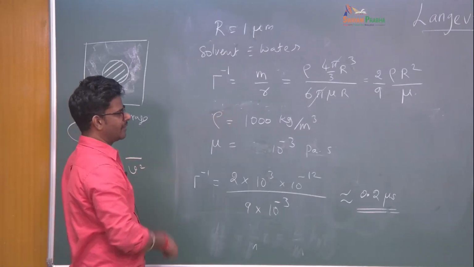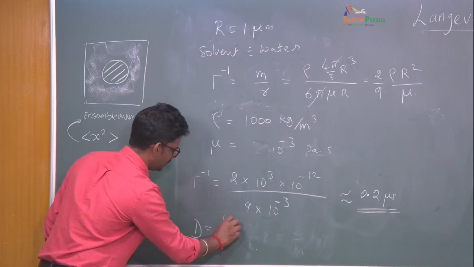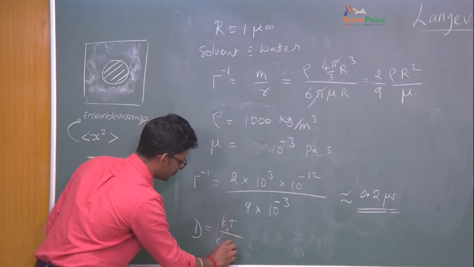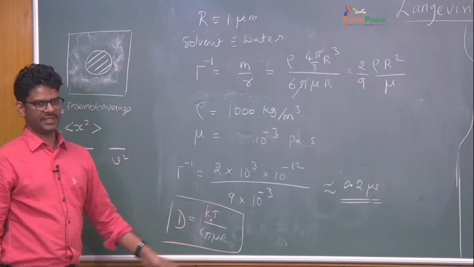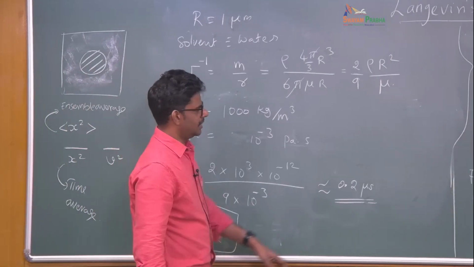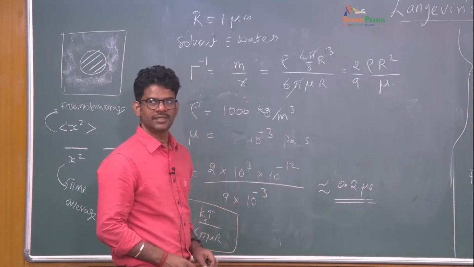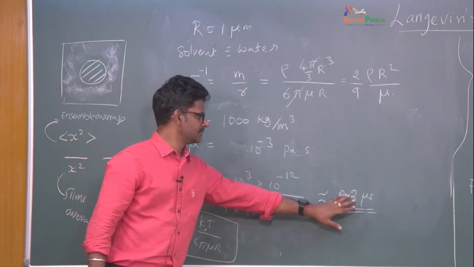What you need is D, and D is obtained from kBT by 6 pi mu r. Take the temperature as 300 Kelvin, substitute and get D, then use that expression to get the diffusion time scale, and compare it with this.